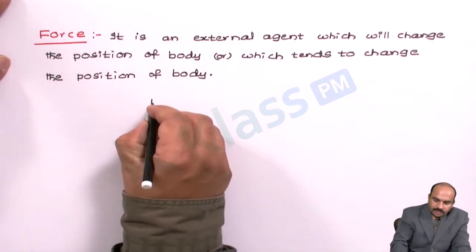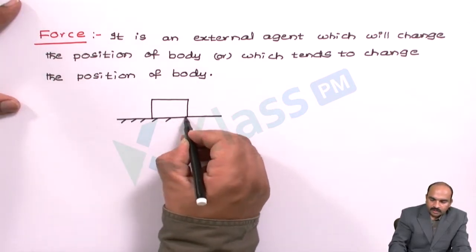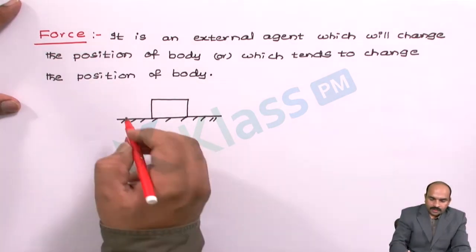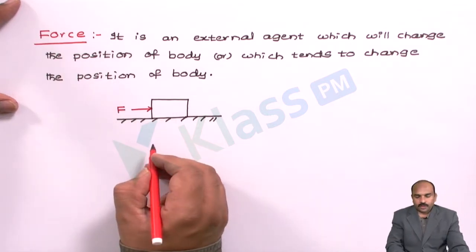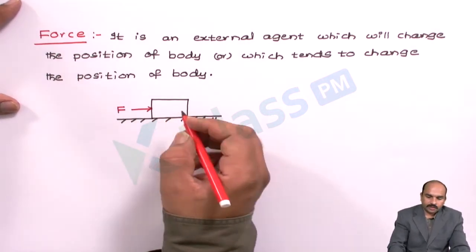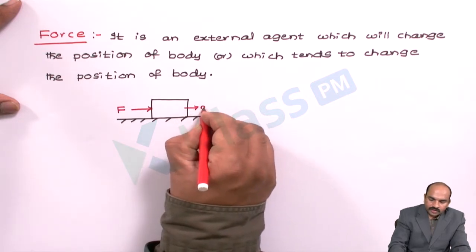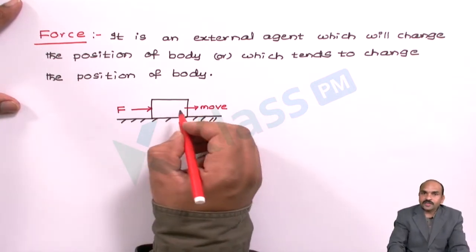Let's take an object which is resting on a fixed surface, let us say. Now when I apply some force, F is a force applied on this object, then this body will try to move in this direction or it will try to move in this direction.